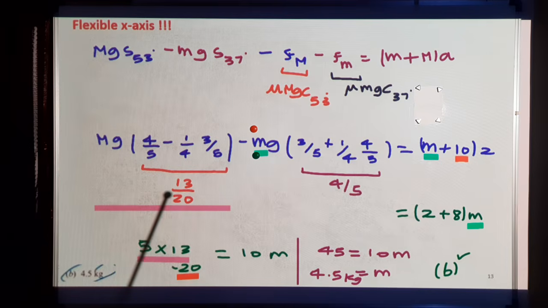So this is 4 by 5, this is 13 by 20, and m plus M into 10 into 2. So collecting the small m terms, 2m plus this one, right side will become plus 8m, and capital M terms, 13 by 20, this is 10, 10 will cancel, g is also 10, so 13 into 5. So 2 times 10 will come on the left side and become minus 20. So from this I get m as 4.5 kg.